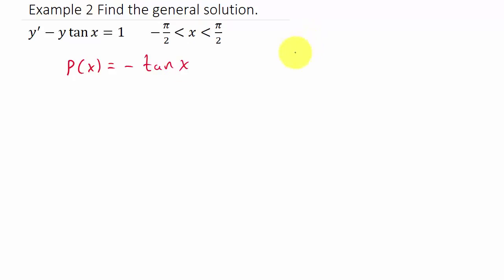Remember, your integrating factor is e raised to the integral of p of x dx. I'm going to take just this part and evaluate this integral.